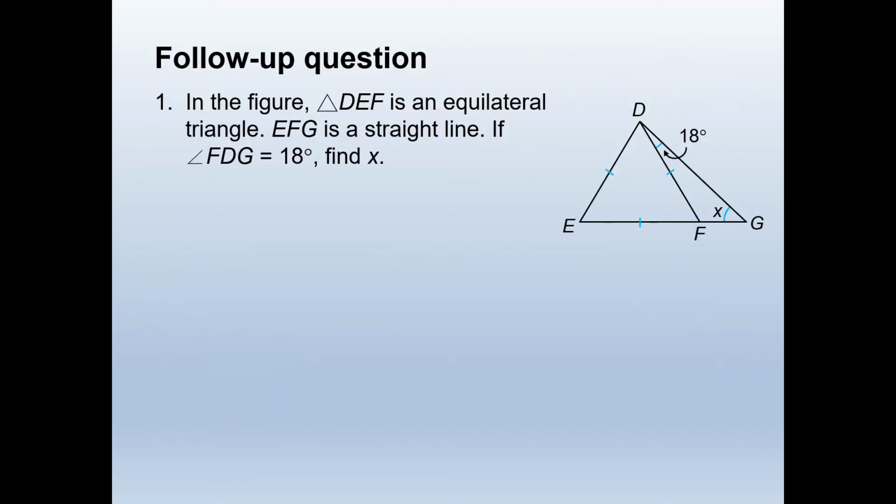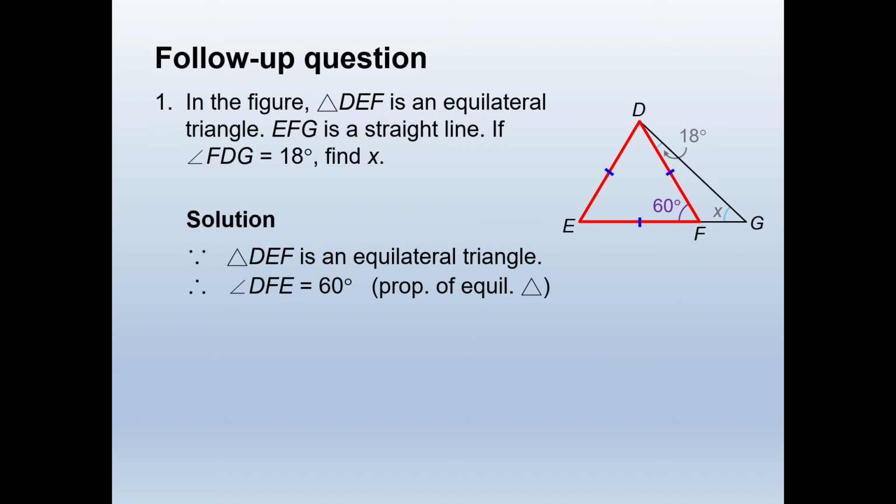Now, a second example. In the figure, triangle DEF is an equilateral triangle. EFG is a straight line. If the angle FDG is 18 degrees, find x. So once again, since I have given you an equilateral triangle, you may apply the property of equilateral triangle to say that angle DFE is 60 degrees.